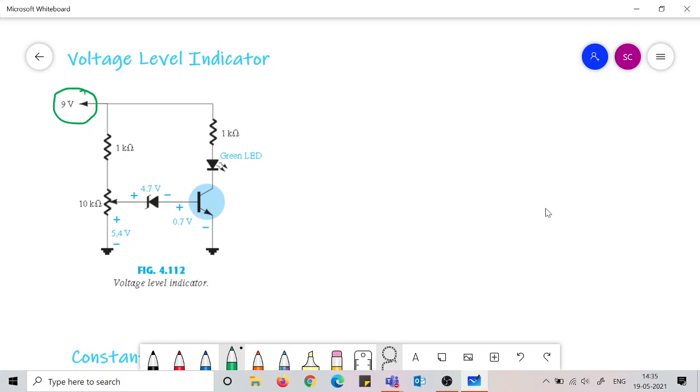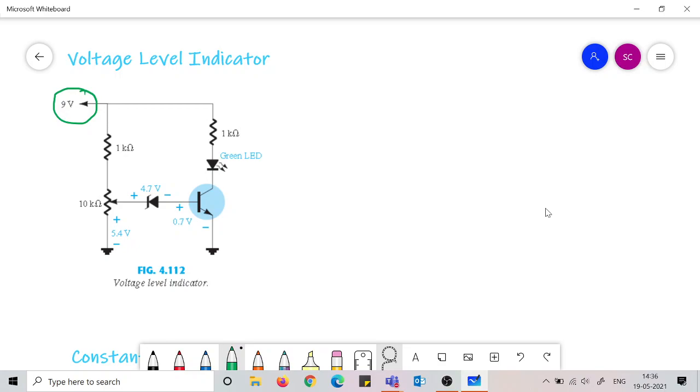For checking that, we make this circuit from this point onwards. From this point onwards, we construct a circuit in order to check whether the remaining part of the network is delivering 9 volts at this point or not. So this particular circuit becomes independent of any network whose voltage level you wish to check.